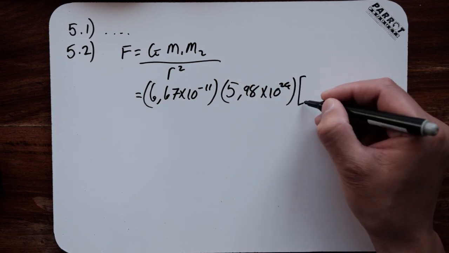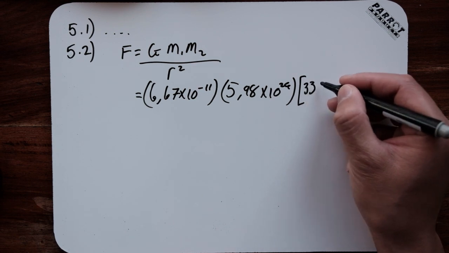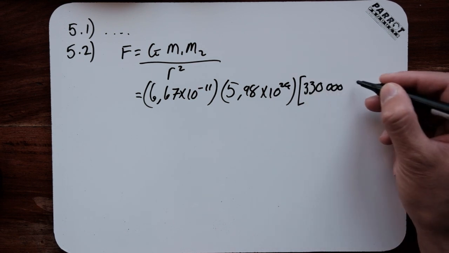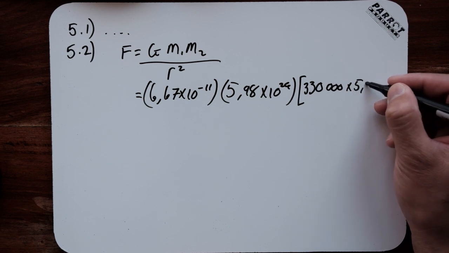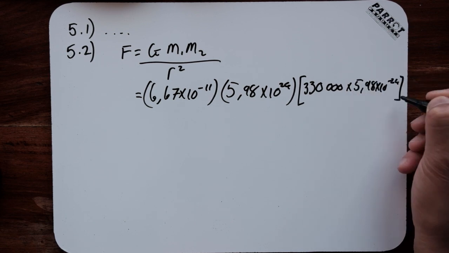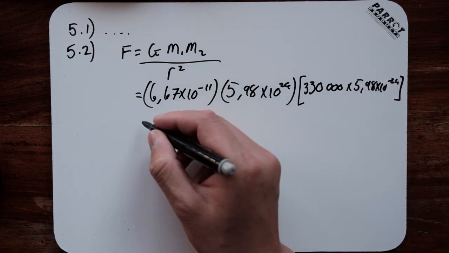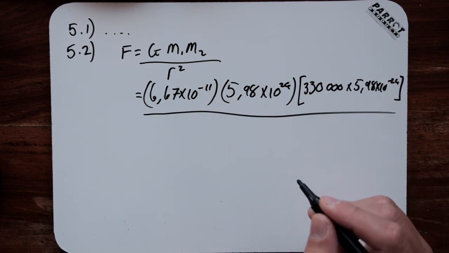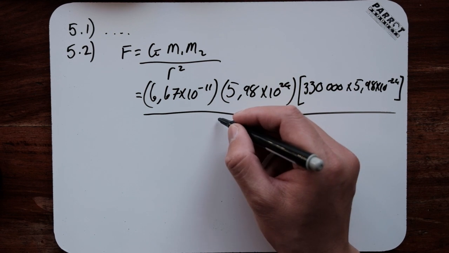But this time we have 330,000 times 5.98 times 10 to the power of 24, because we have 330,000 times the mass of the Earth.